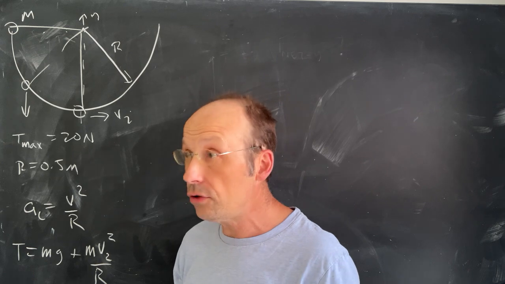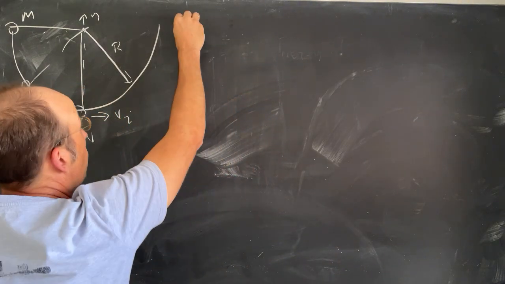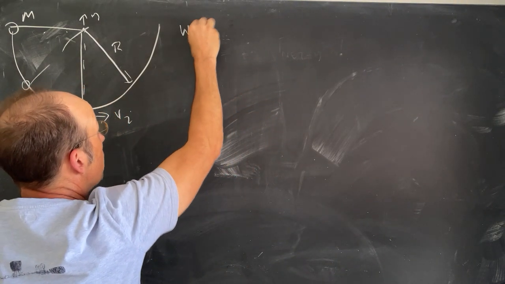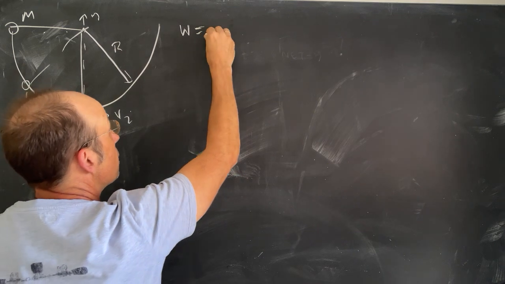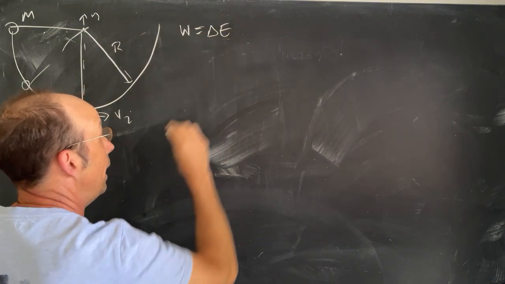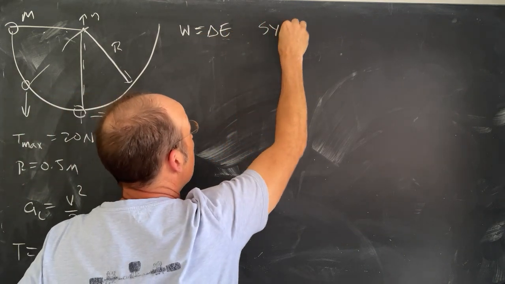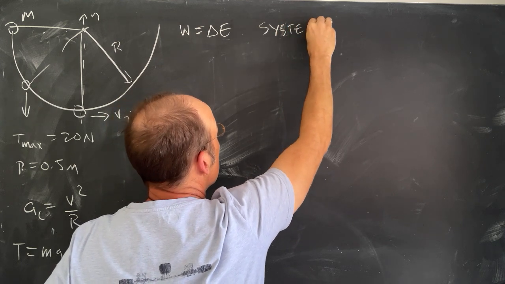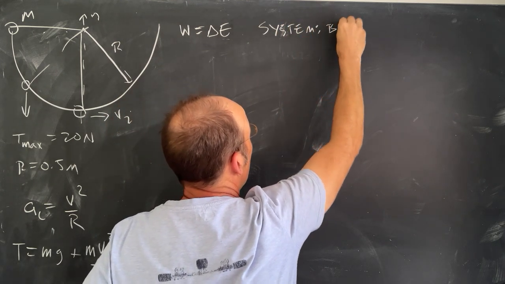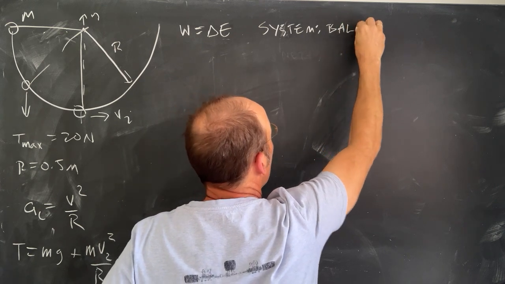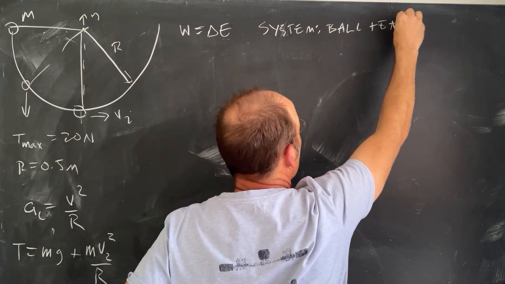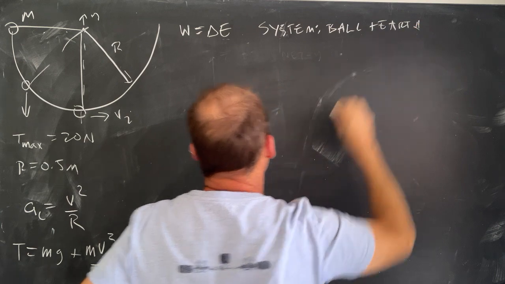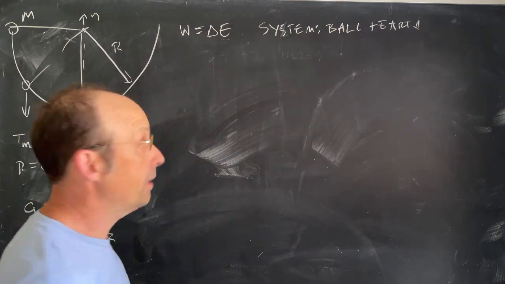But we can use the work energy principle. Remember, the work energy principle says the work is the change in energy. If I pick a system of the ball plus the earth, then I can have two types of energy.